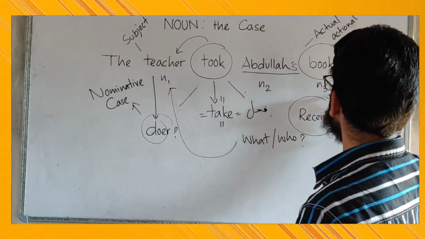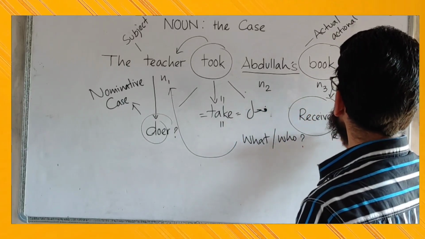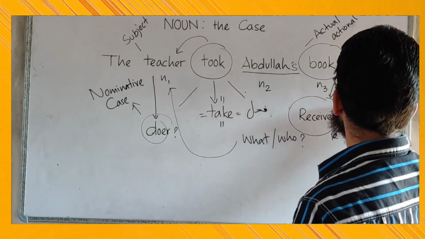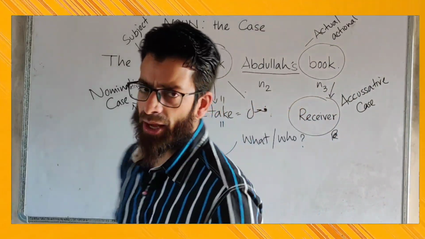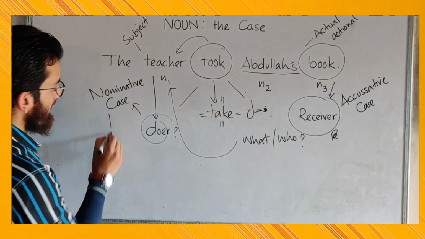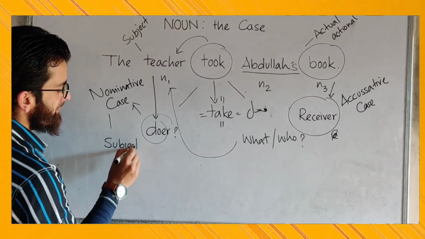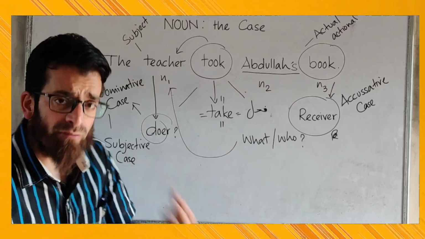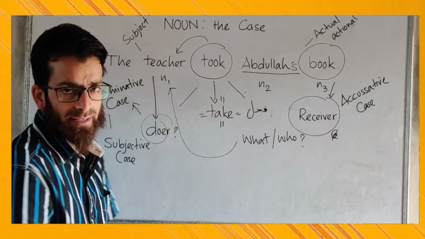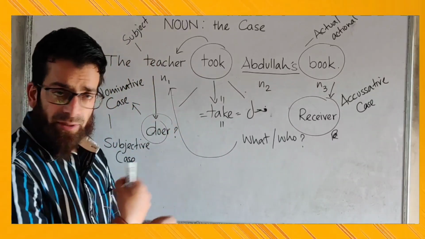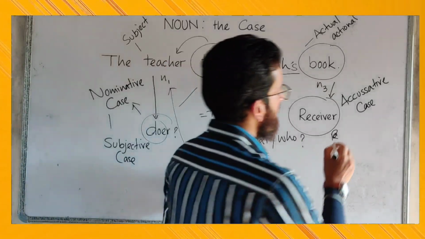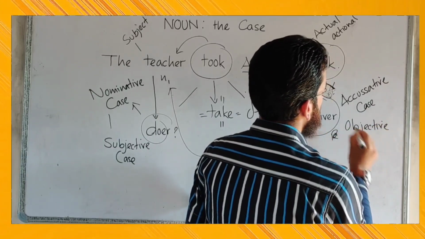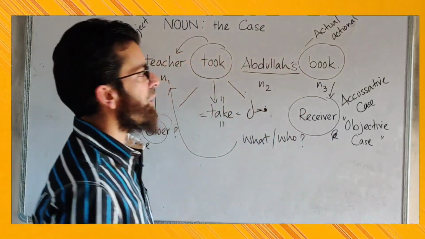The receiver of action is book and it is said to be in accusative case. लिहाजा इसीलिए हम नॉमिनेटिव केस को सब्जेक्टिव केस भी कहते हैं, सिंपली टू रिमेंबर, बिकॉज इट जनरली फंक्शंस एज अ सब्जेक्ट ऑफ द सेंटेंस और सब्जेक्ट ऑफ द वर्ब, एंड एक्यूजेटिव केस को हम ऑब्जेक्टिव केस भी कहेंगे। Why? Because it functions as the object of the verb.